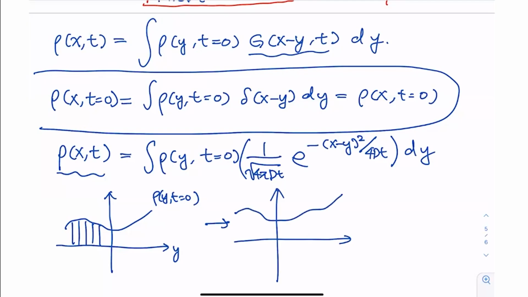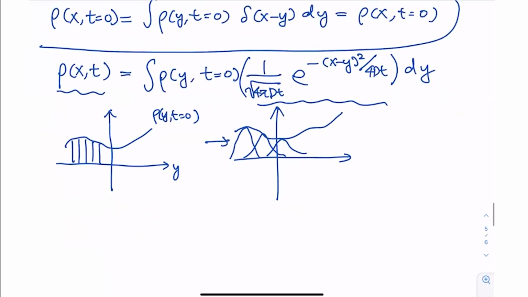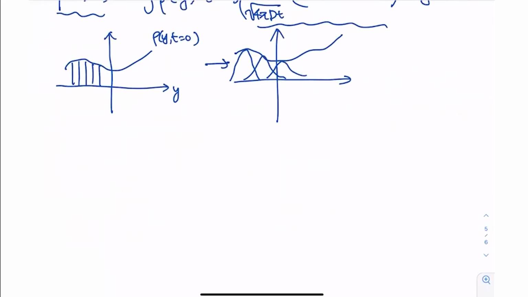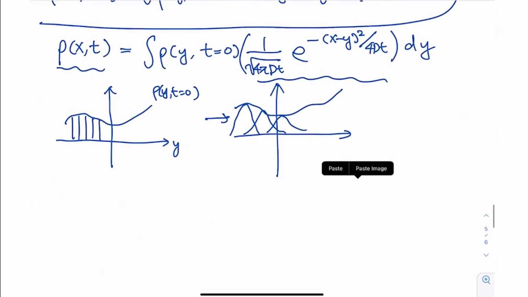Because we can keep track of how each delta function evolves using this Green's function solution, eventually we get our general solution. So that's basically the diffusion equation and its final solution.